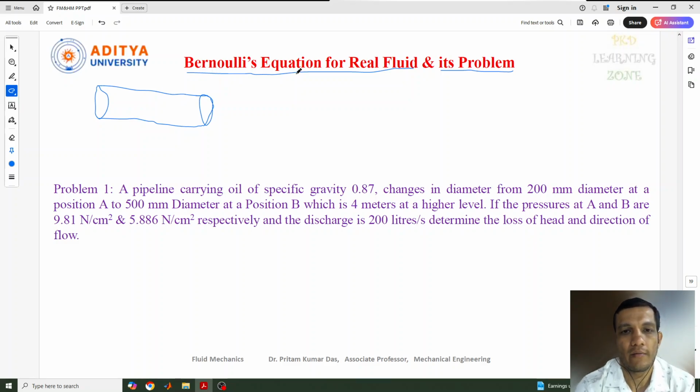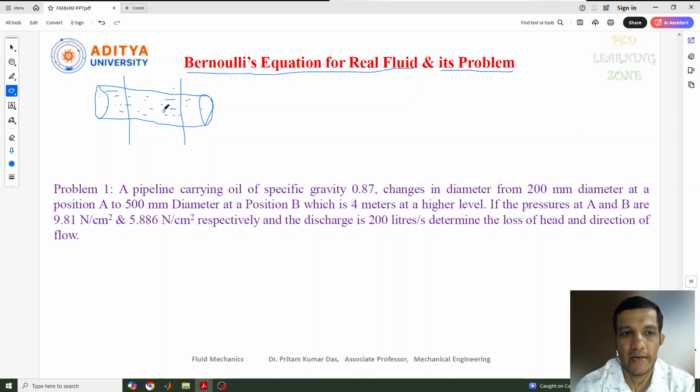Because in the previous ideal fluid condition the fluid is inviscid, that means no viscosity, but in a real fluid there should be viscosity. When there is a flow in the pipe, we can consider section 1 and section 2, and there we derived Bernoulli's equation.